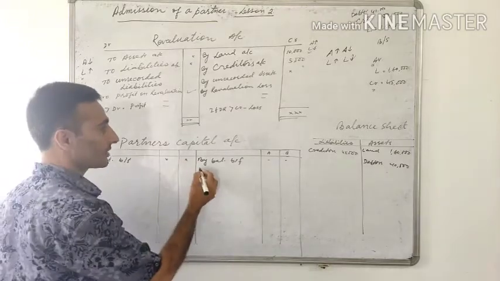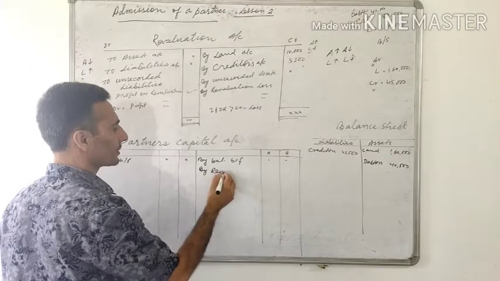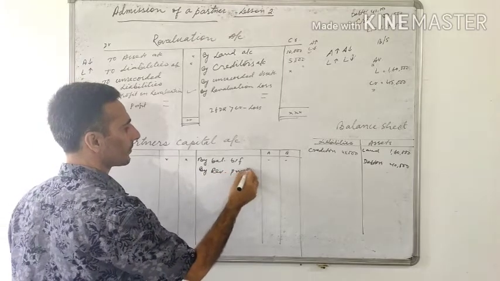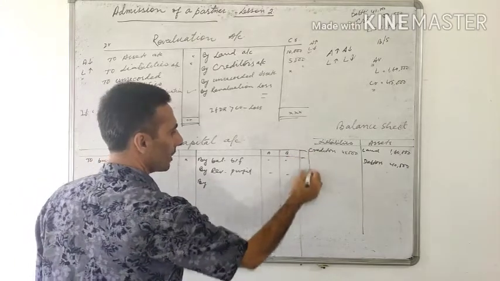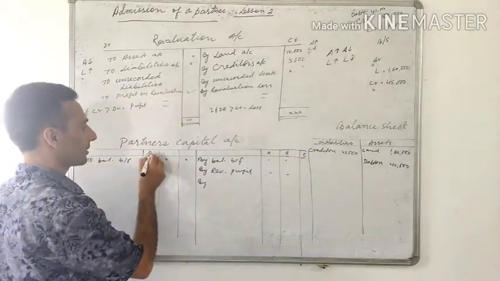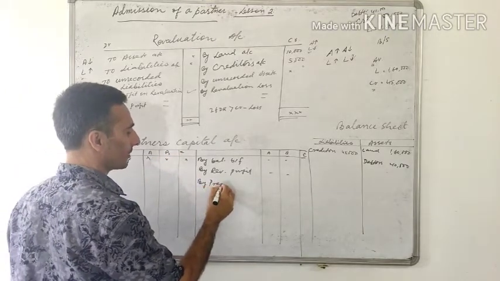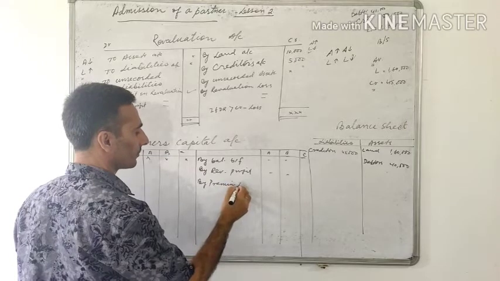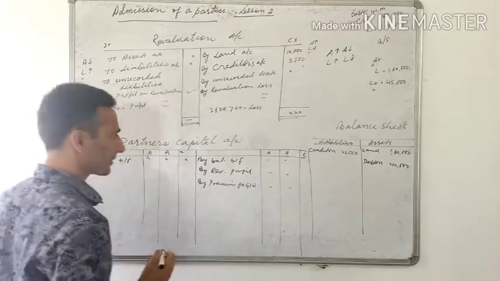Then the next entry will be for the profit or loss by revaluation. There may be one more partner, say new partner C. By premium for goodwill, it is distributed among the sacrificing partners.